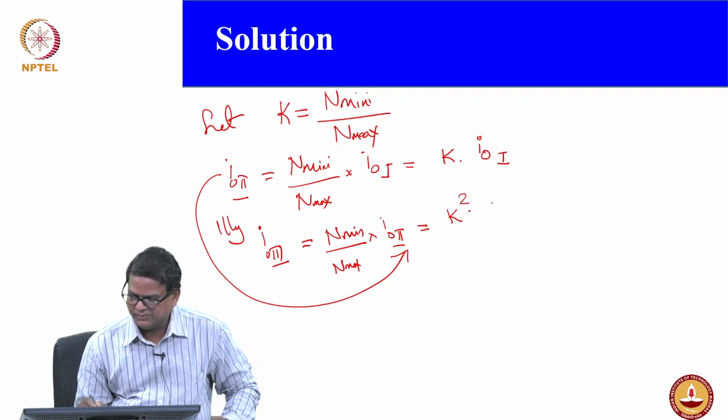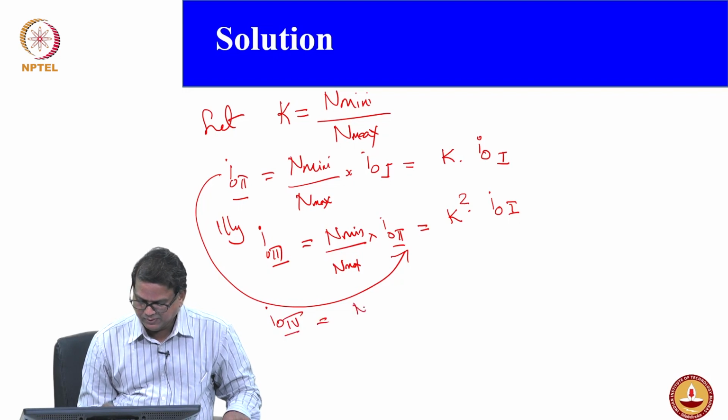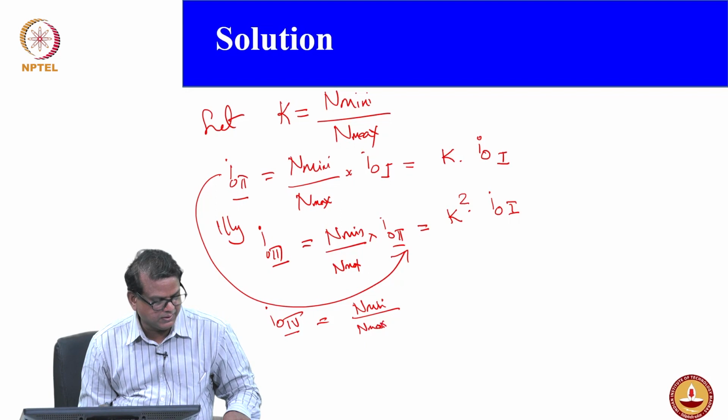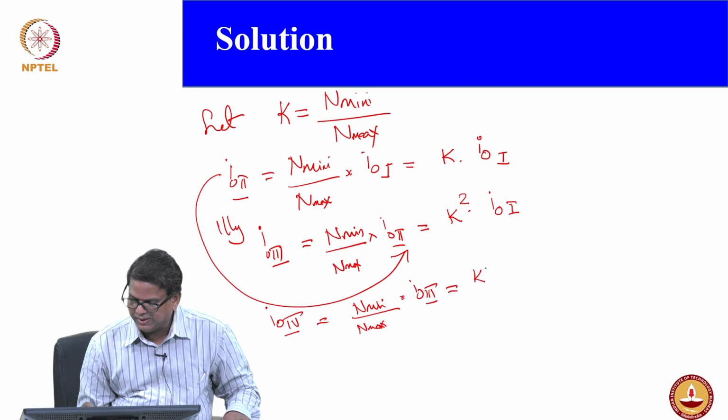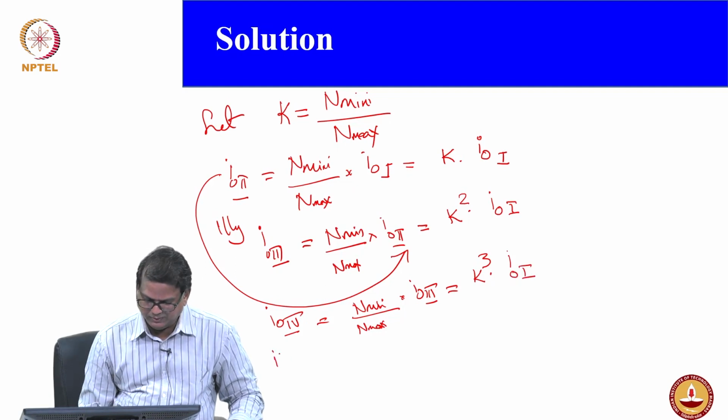So, it will be K squared IO1. Similarly, IO4, because of n mini by n max into IO3, that should be K cube, right? K cube IO1.